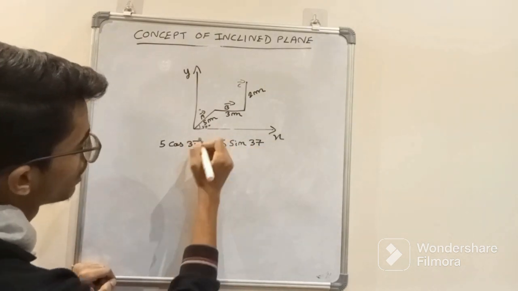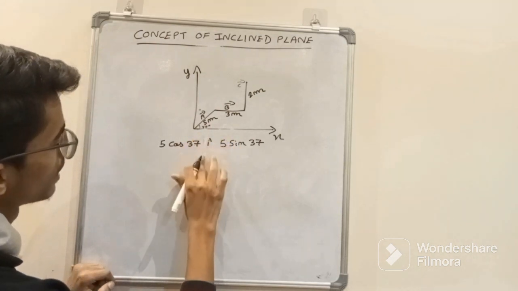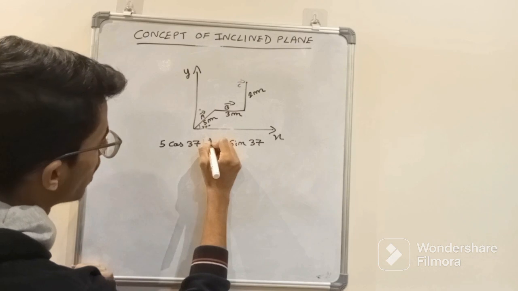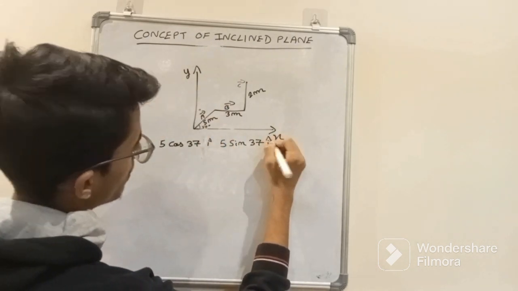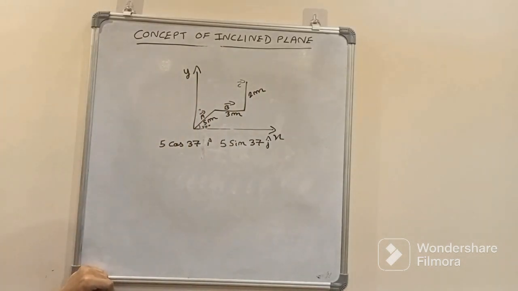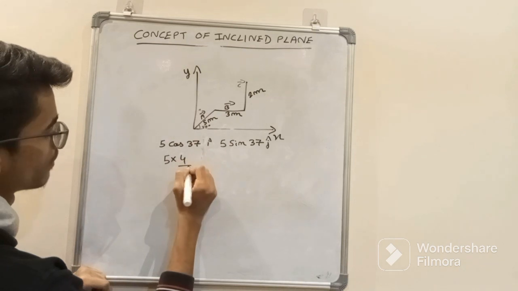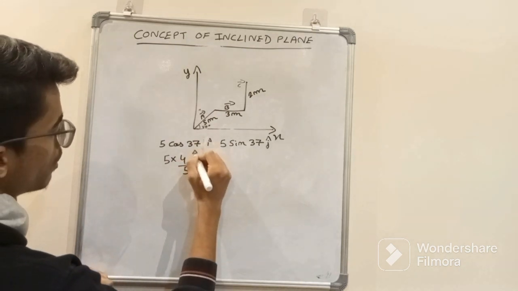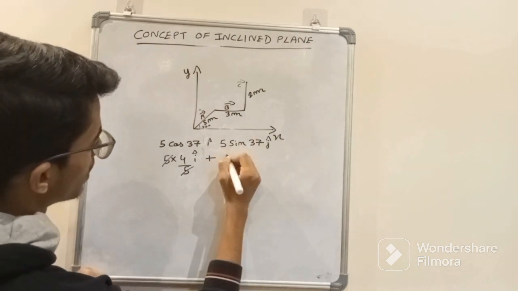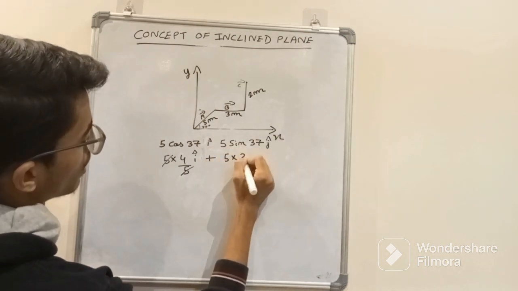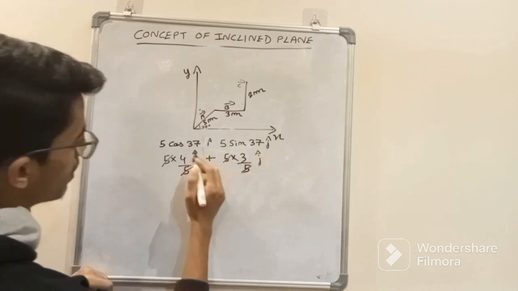This cos will be in the I cap direction, that is in the x direction, and this sin 37 will be along the j cap direction, that is along the y direction. So 5 cos 37 is 4i cap plus 5 sin 37 is 3j cap.